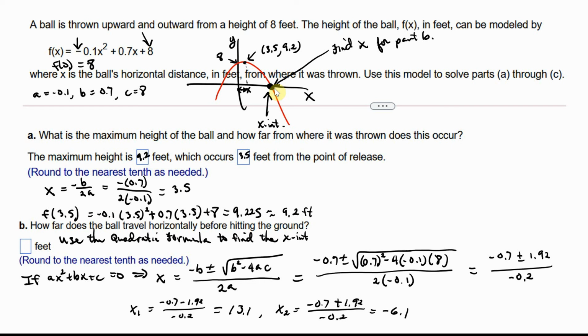Because it's negative, and we're talking about a ball that is actually thrown. So that has to exist in the real world. The real world would be in that first quadrant. So if I'm talking about a real distance in life, that distance has to be positive.